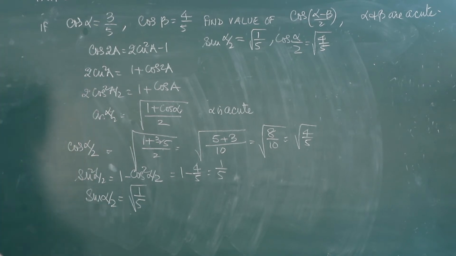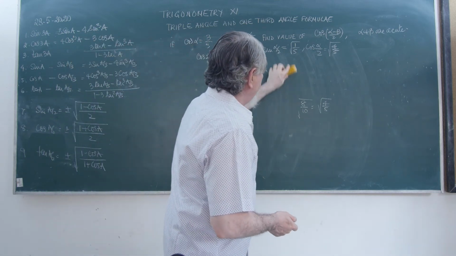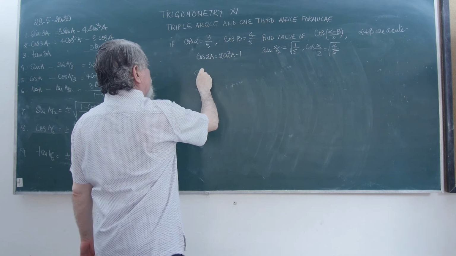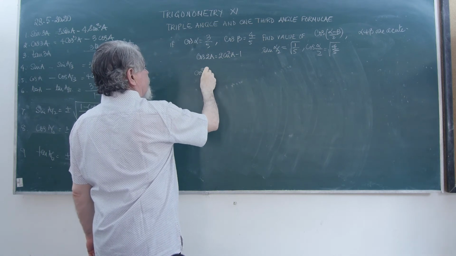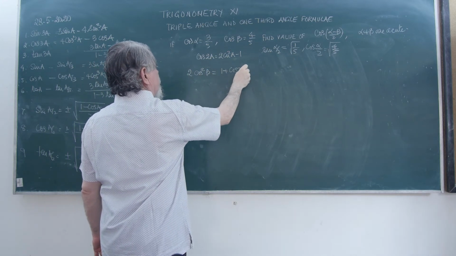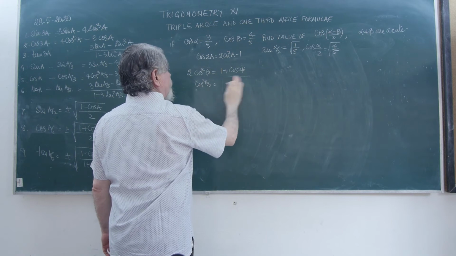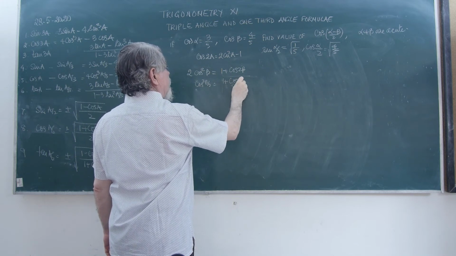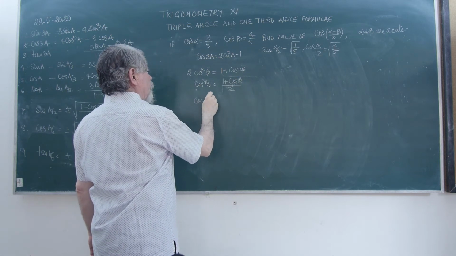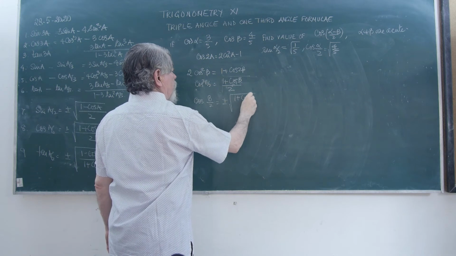Now I have to calculate for beta by 2. So instead of alpha, it will be beta. 2 cos square beta will be equal to 1 plus cos 2 beta, so cos square beta by 2 will be 1 plus cos beta upon 2, and cos beta by 2 will become plus minus under root of 1 plus cos beta upon 2.